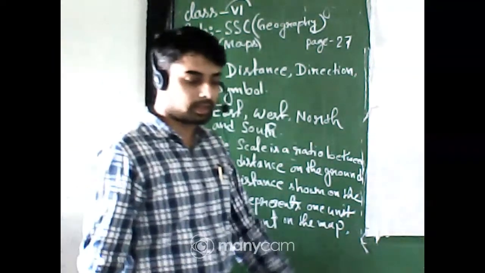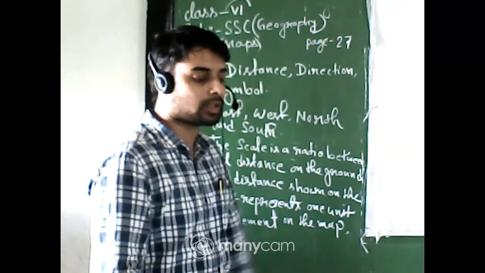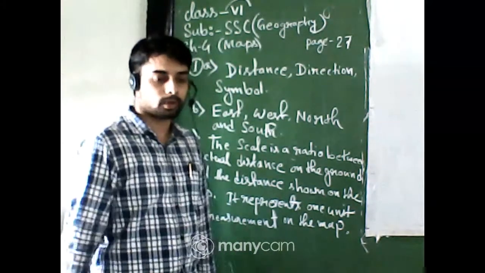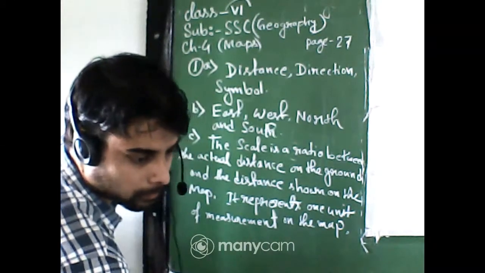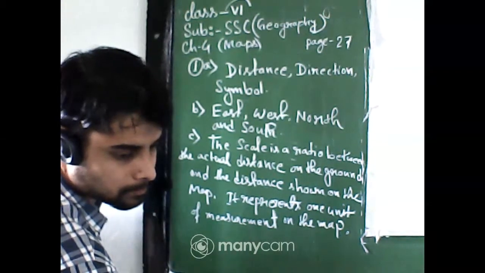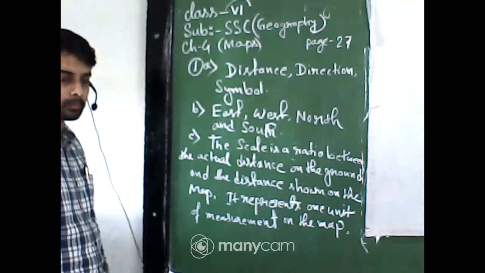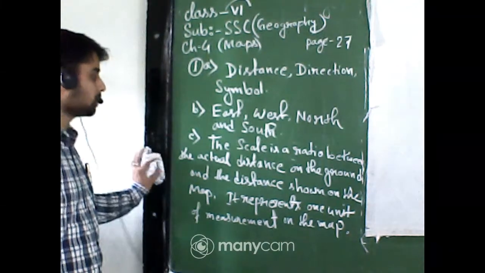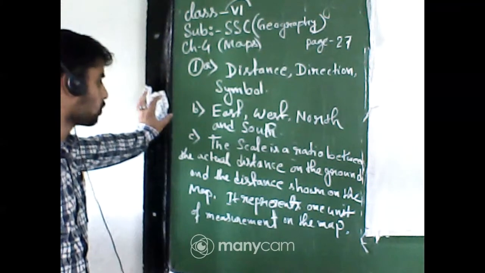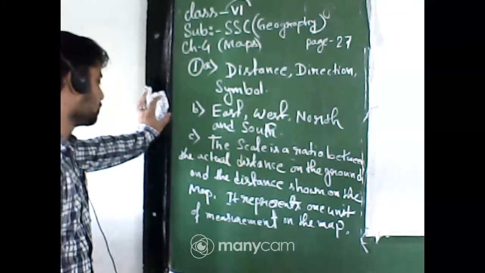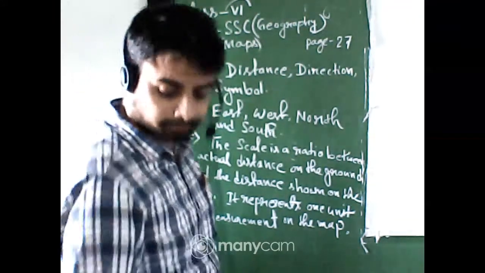So this is the answer to question C, what do you mean by the term the scale of the map? Okay, all of you have completed this one, that scale is a ratio between the actual distance on the ground and the distance shown on the map. It represents one unit of measurement on the map. Okay.